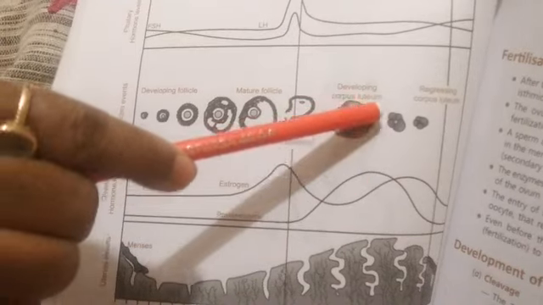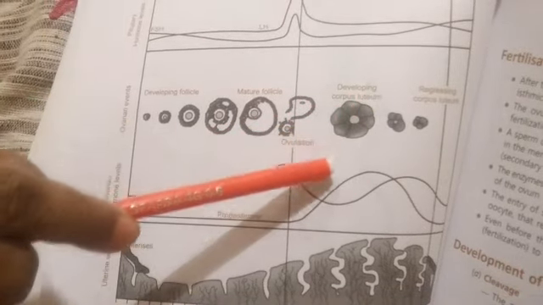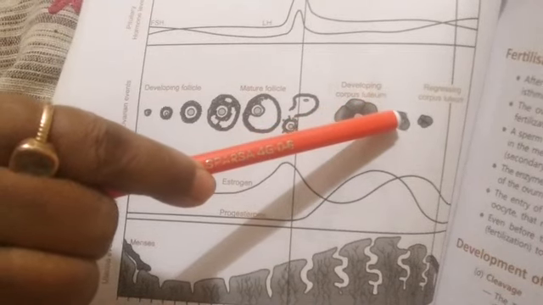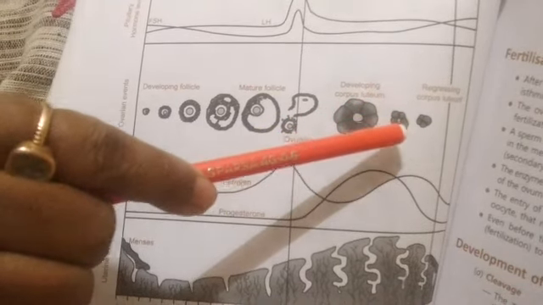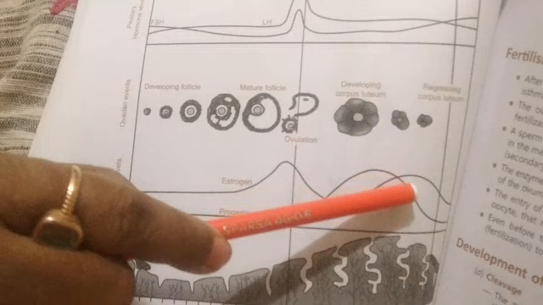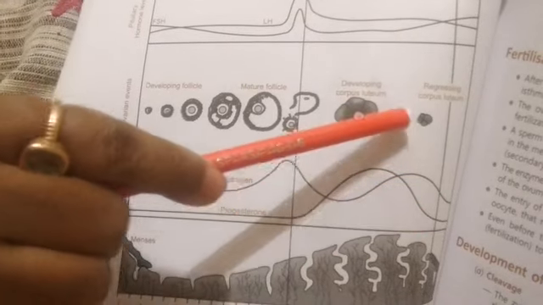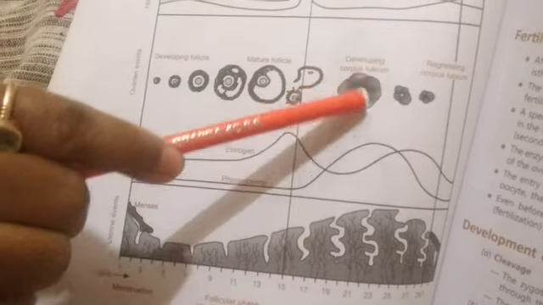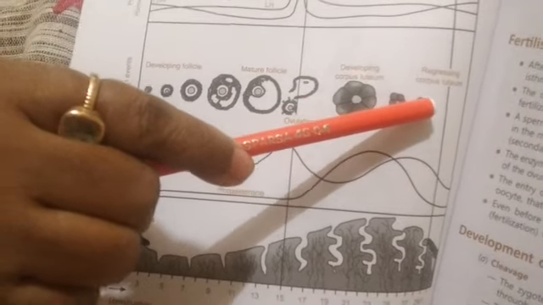So when the corpus luteum is well developed, progesterone also increases, but if there is no fertilization, the corpus luteum starts degenerating, and so the level of progesterone is also decreasing. Clear? The corpus luteum is yellow in color, but ultimately it forms the white corpus albicans.